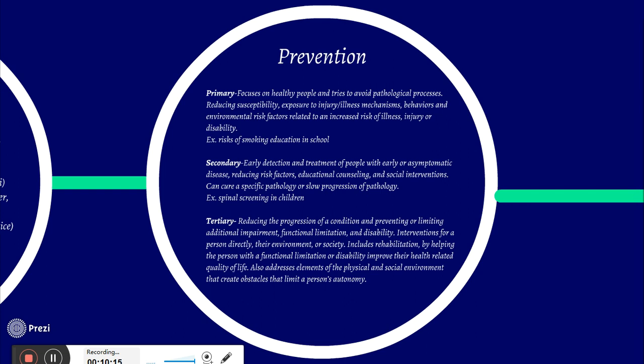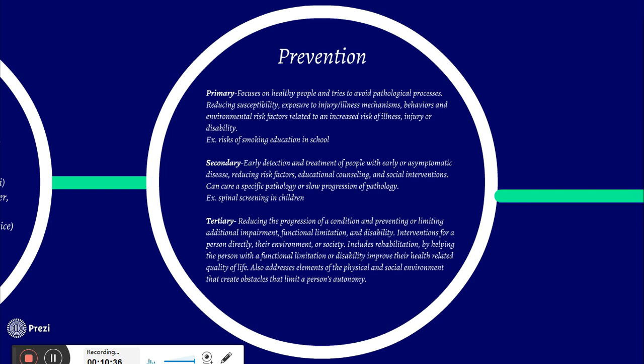Next we'll talk about secondary, which is about early detection and treatment of people with earlier asymptomatic diseases. Then it addresses reducing the risk factors through education, counseling, and social interventions.